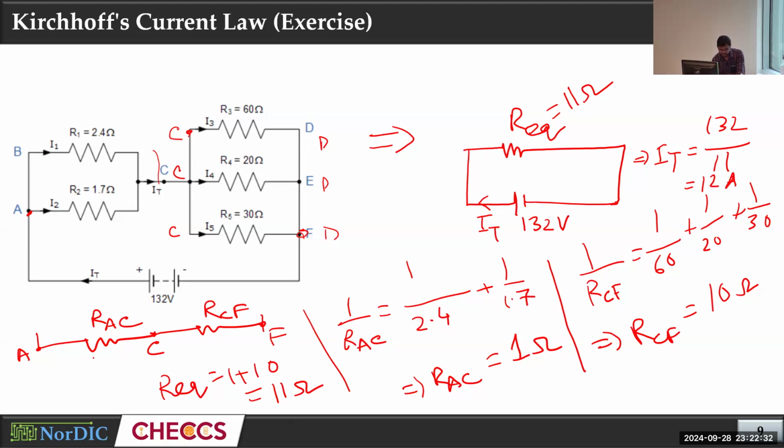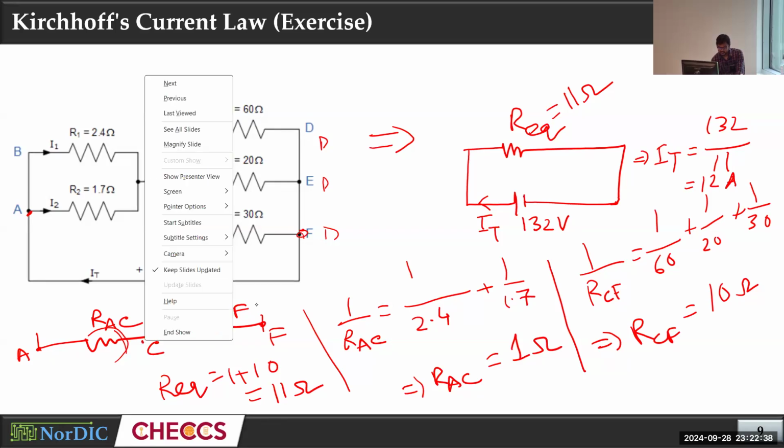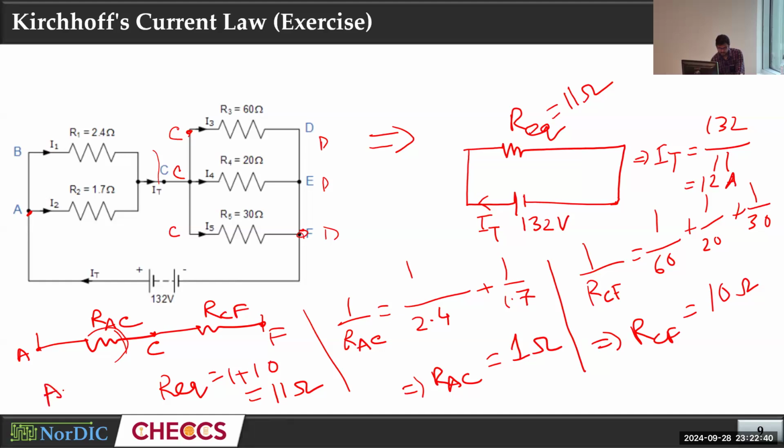Similarly, you can see here, these resistors are connected between A and C, and these resistors are connected between C and F. We have more than 2 nodes for these 2 resistors. And if you have another resistor, we'll have another node.